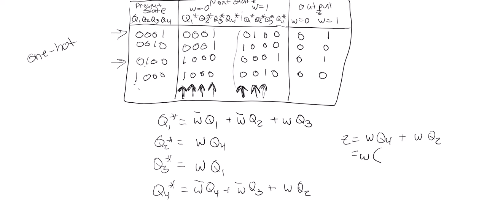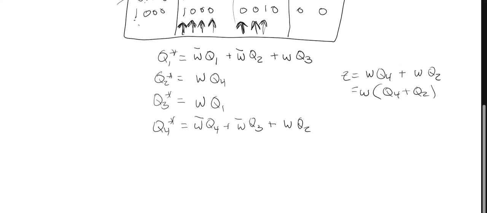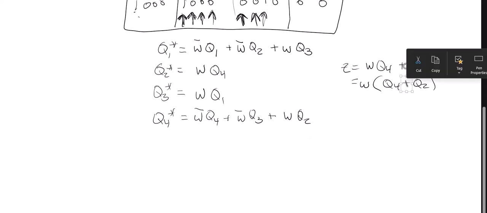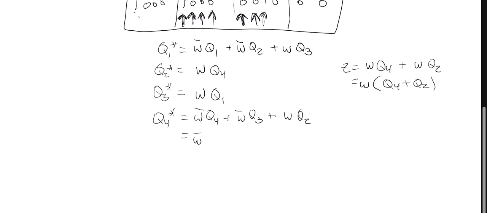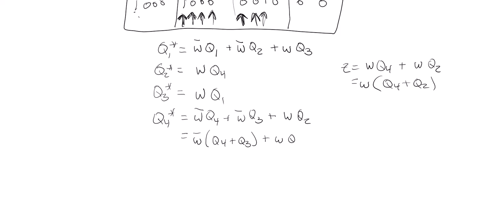And I can write that as W times Q4 or Q2. It uses one less gate if I do it that way. Similarly, this one, if I write it W bar Q4 plus Q3 plus W Q2, I think that uses one less gate. And this one, W bar Q1 or Q2 plus W Q3.